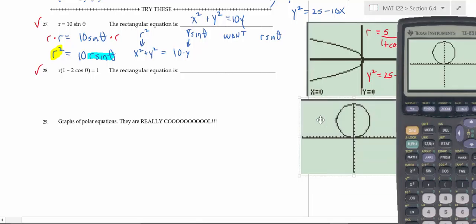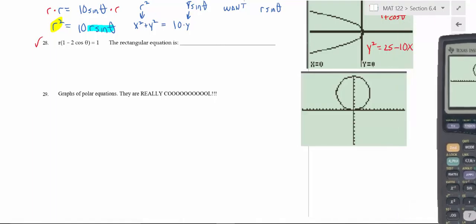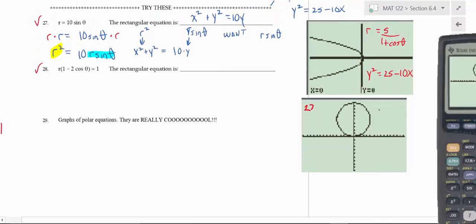Yeah, so this one is number 27. On number 27, we had in polar r equals 10 sine theta. Since you have the sine, that means the center of the circle is at 1, 2, 3, 4, 5 there, and then you have a radius of 5 like that.